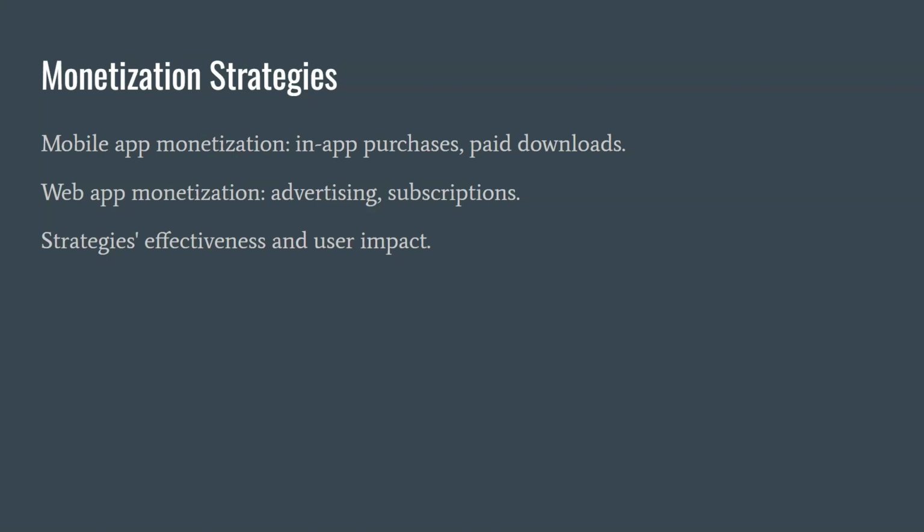Web apps, on the other hand, can't take advantage of those. They often have to rely on advertising or subscription models. It's because there is a lack of a centralized store, and the model is different in a sense that they have a broader access model.